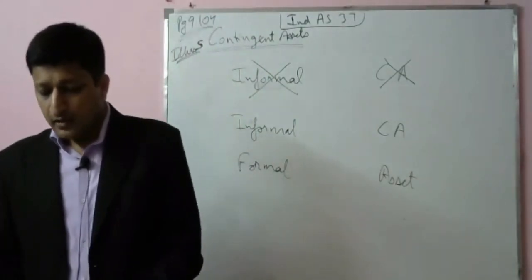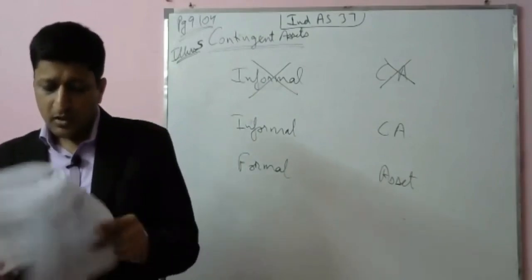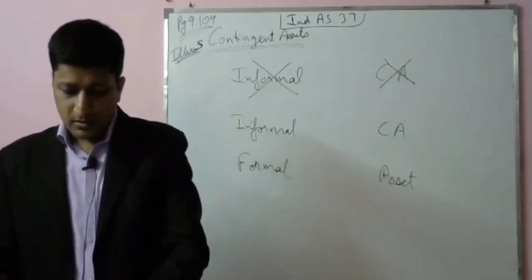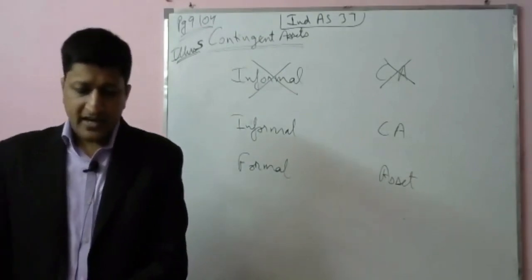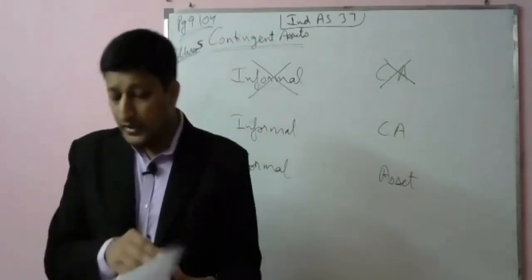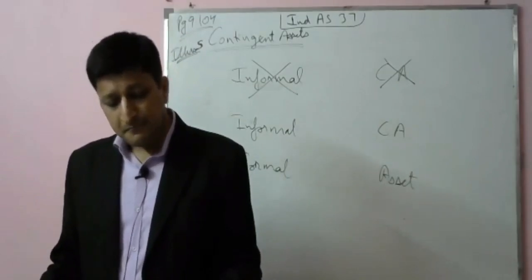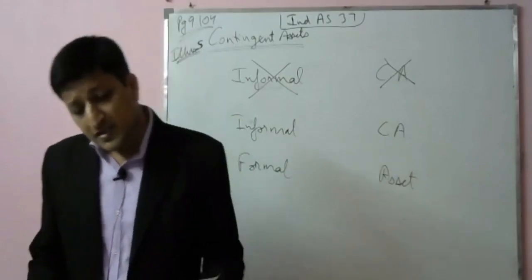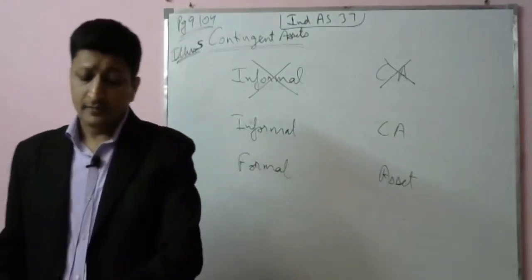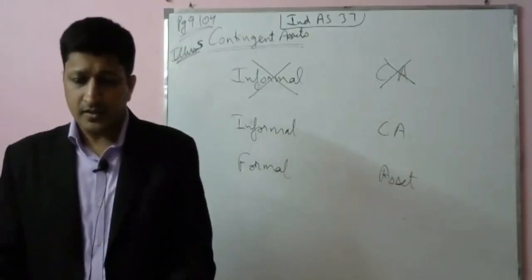Now quickly, because we are running towards the end of the session, I'll just pick up a question. This is something which I am trying to pick up from the test your knowledge section. It's an easy one, but I would suggest all of you to please answer this rather than just discussing this.